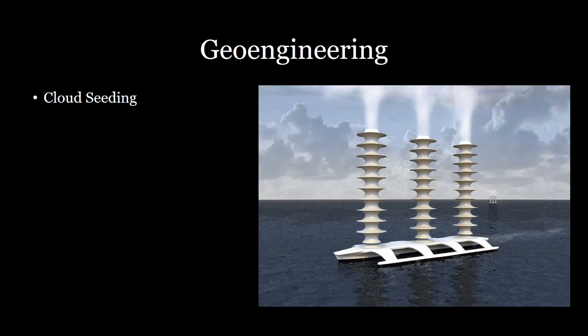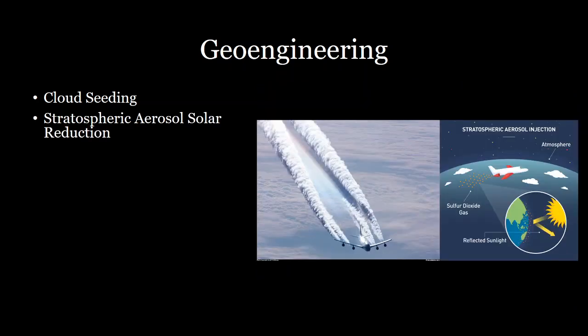Another one that has had a little bit more traction, at least in the research community, is stratospheric aerosol solar reduction. So this is the use of sulfur dioxide gas in the upper atmosphere in order to reduce the absorption of solar radiation. Just as with cloud seeding, you're producing a large amount of high albedo substance in the atmosphere, and that reflects light away from the Earth, as you can see here, and reduces the amount of warming going on.